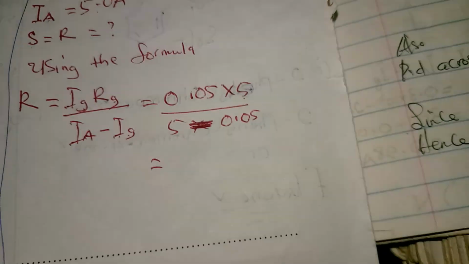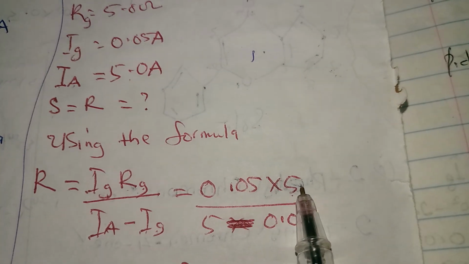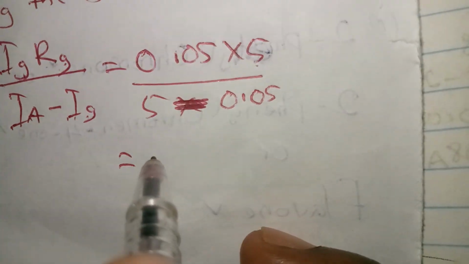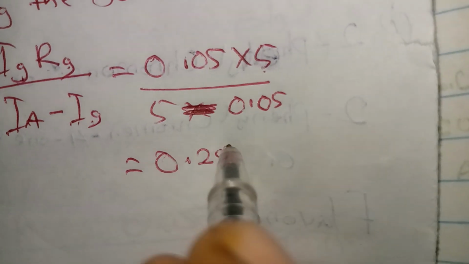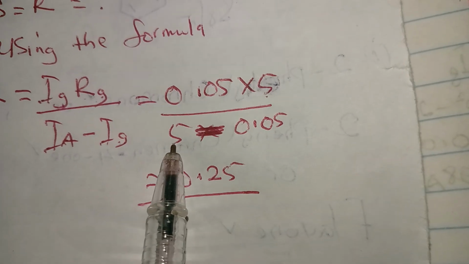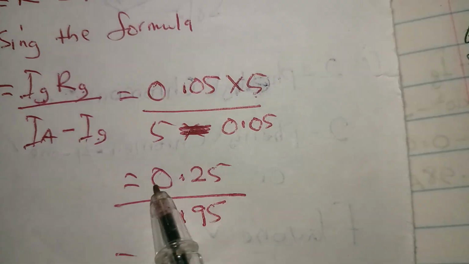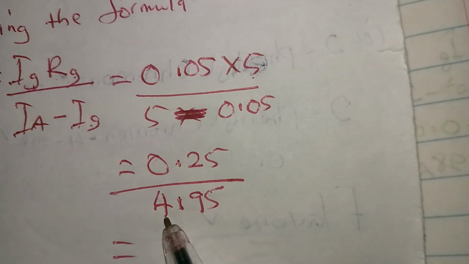If you multiply 0.05 times 5, it will give you 0.25, divided by, if you subtract 0.05 from 5, it will give you 4.95. Now, if you use your calculator and divide 0.25 by 4.95, it will give you 0.05.